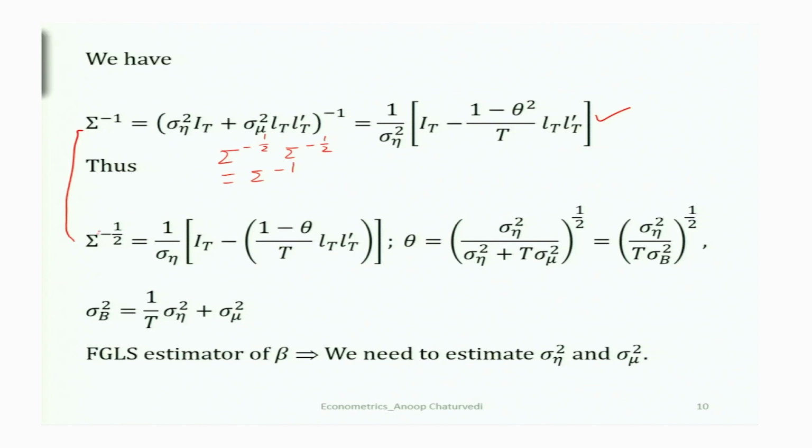So, the expression for sigma minus half is this. So, now you know the expression for sigma inverse, and you can apply the GLS procedure for estimating beta. But to obtain the feasible GLS estimator of beta, we need to estimate sigma square eta and sigma square mu. You require these estimators of sigma square mu and sigma square eta.